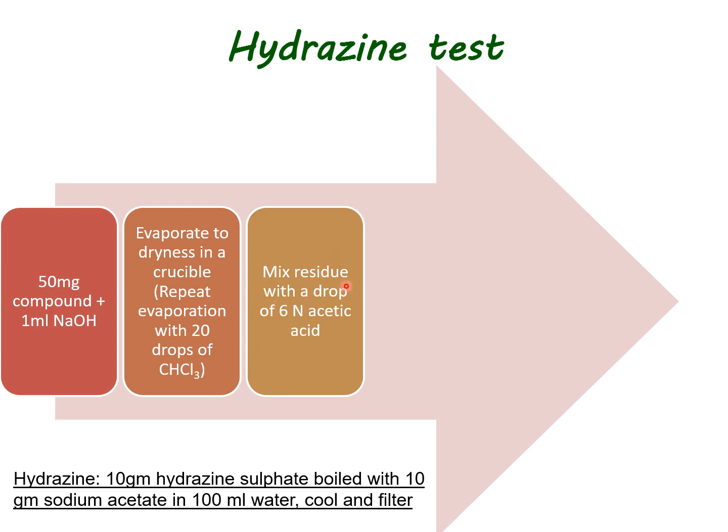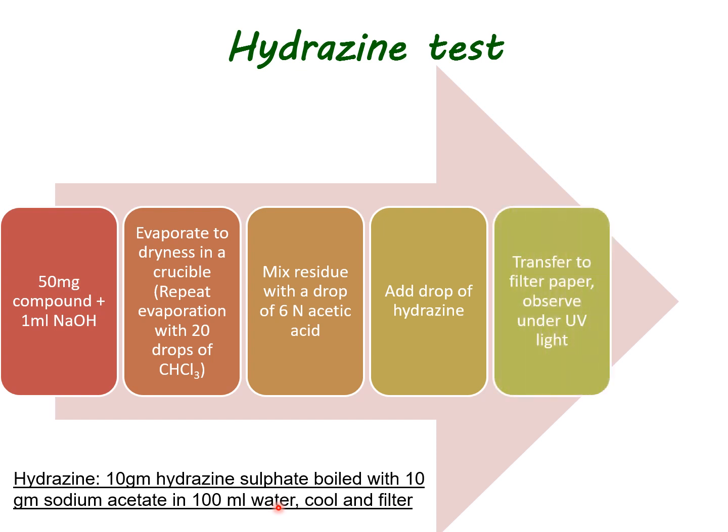This residue is mixed with a drop of 6-normal acetic acid and a drop of hydrazine reagent. This reagent is made up of hydrazine sulfate and sodium acetate boiled with water, cooled and filtered. This residue, treated with acetic acid and hydrazine, when transferred to filter paper and observed under UV light, generates yellow to orange fluorescence.